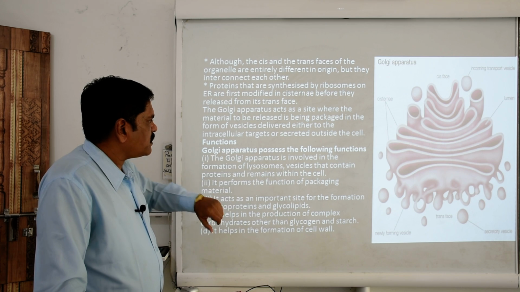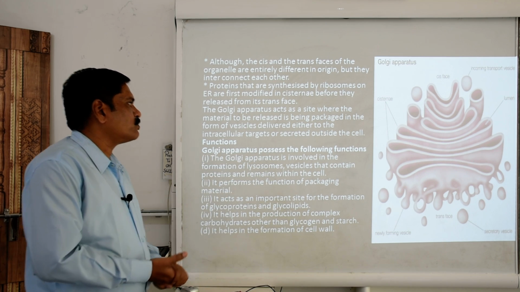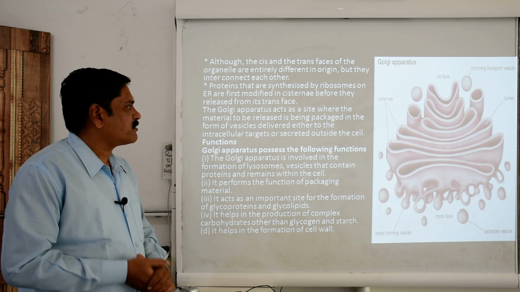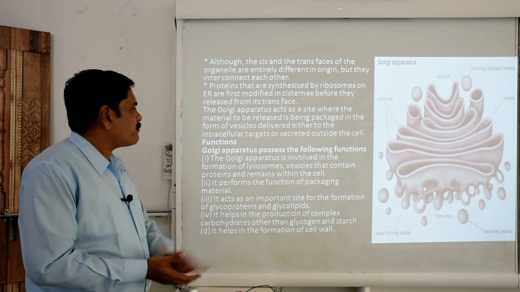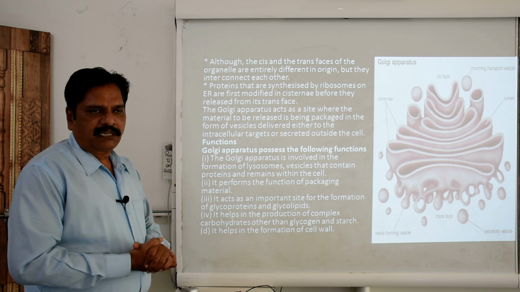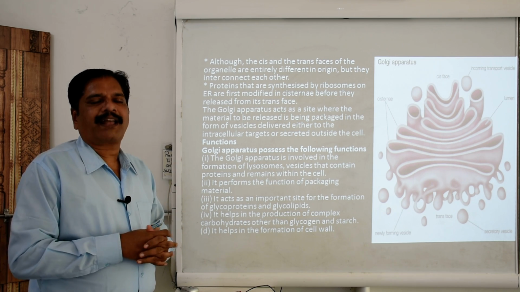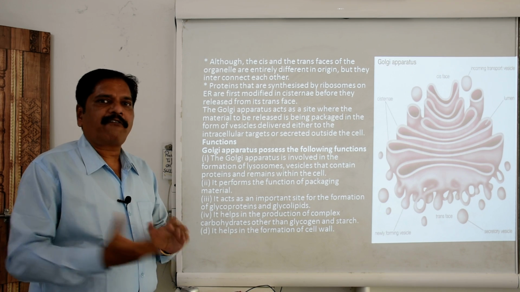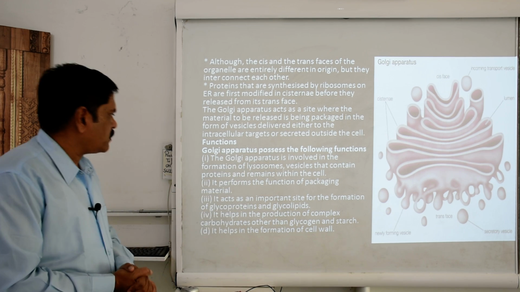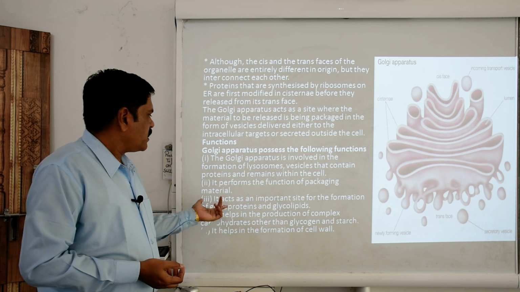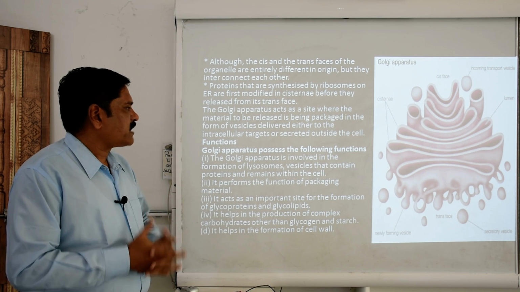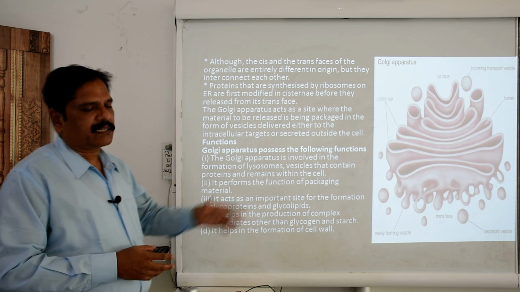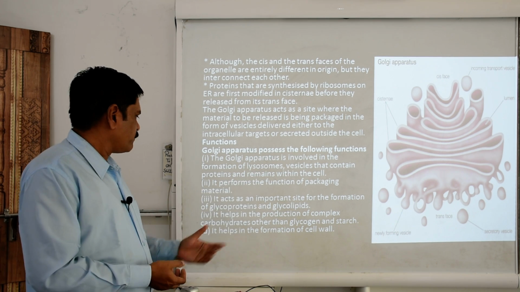The Golgi apparatus is involved in the formation of lysosomes, vesicles that contain proteins and remain within the cell. Clear? It performs the function of packaging the material. That means they are responsible for packaging, just like the formation of food vacuoles, the air vacuoles. This is possible with the help of these Golgi bodies only. Okay, it acts as an important site for the formation of glycoproteins and glycolipids. As I told you, it is secretory in nature.